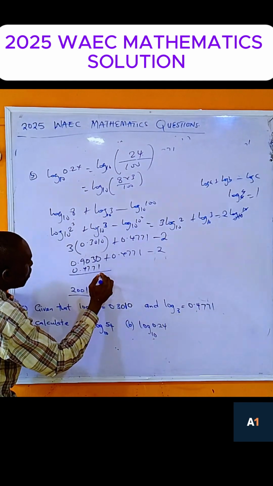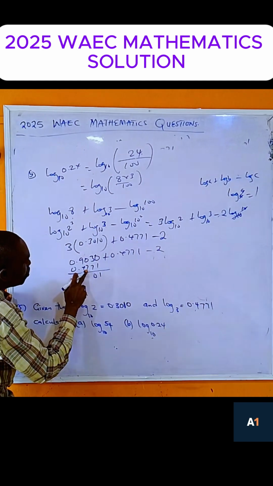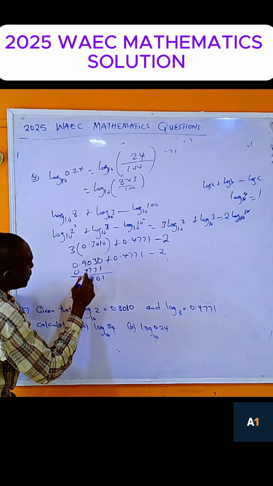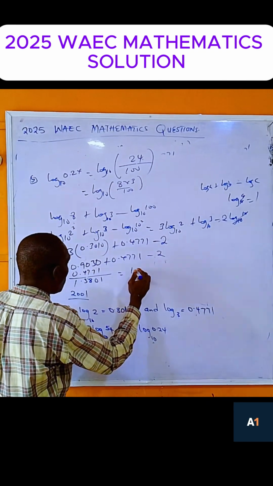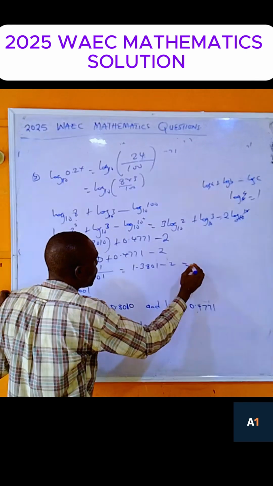We have 1, we have 0, we have this plus this, so we have 8, then this plus this, we have 13. We have 3, then 0.1. So which will give us 1.3801 minus 2.